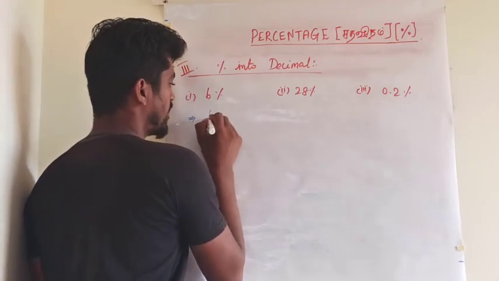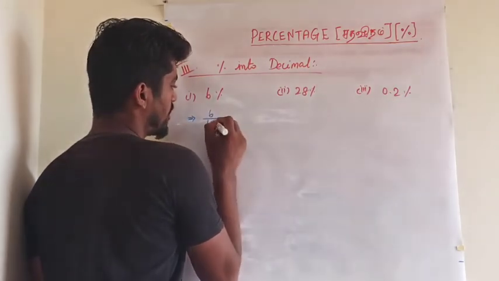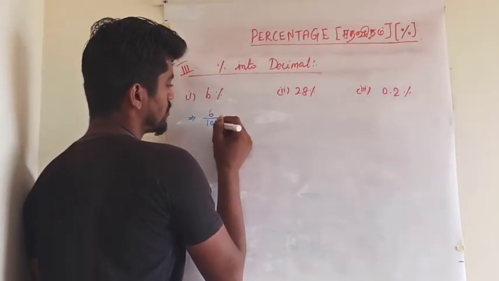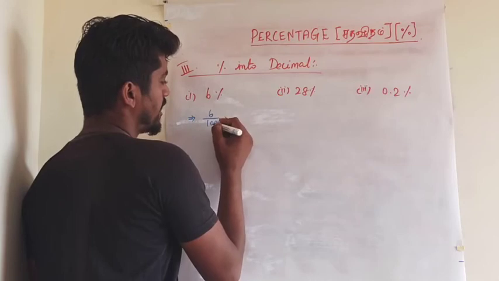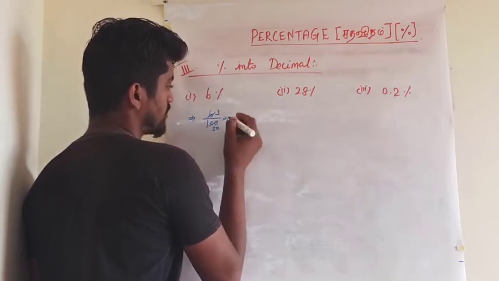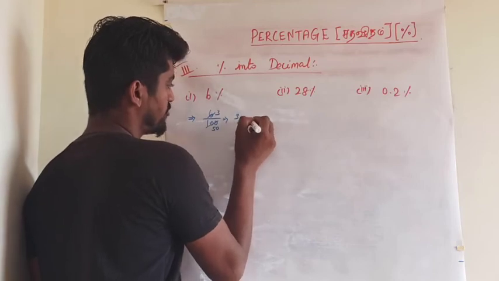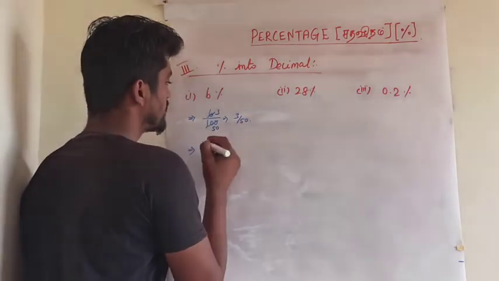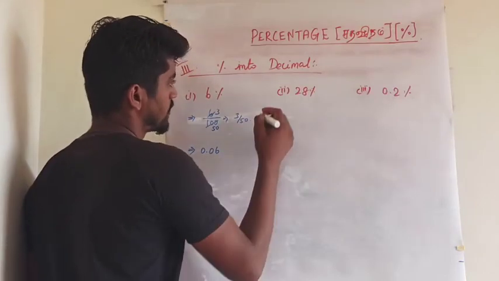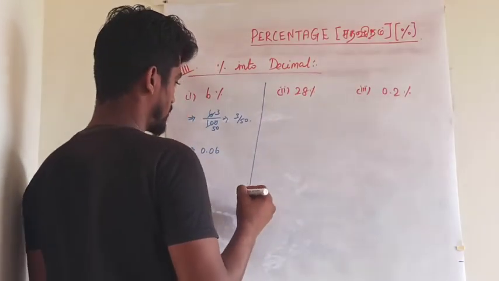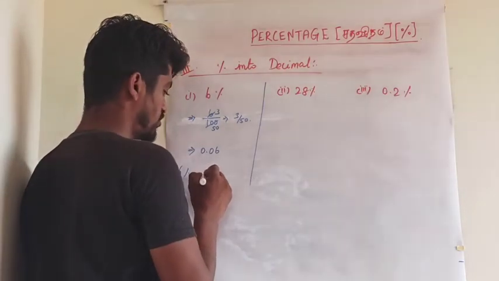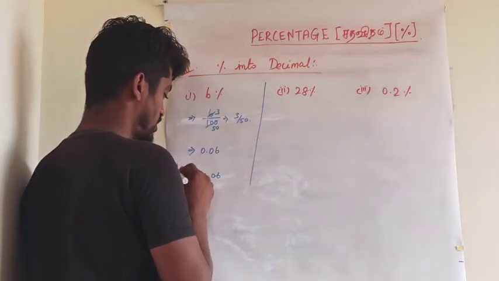So we write 6 divided by 100, which simplifies to 3 divided by 50. In decimal format, 0.06. The 6% is equal to 0.06.